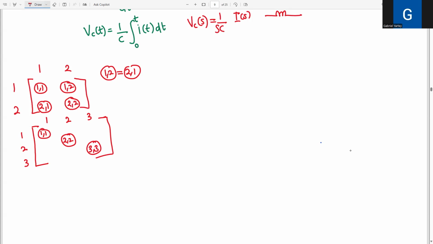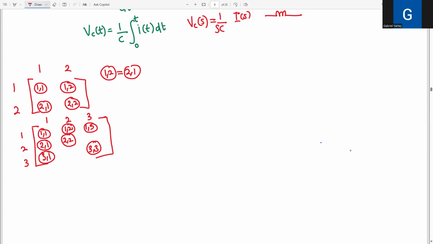Then position index 1,2 is going to be every impedance present in both mesh 1 and mesh 2. And then position index 1,3 is going to be every impedance present in both mesh 1 and mesh 3. Likewise, position index 2,1 is going to be the same value as position index 1,2. And position index 3,1 is going to be the same value as position index 1,3.